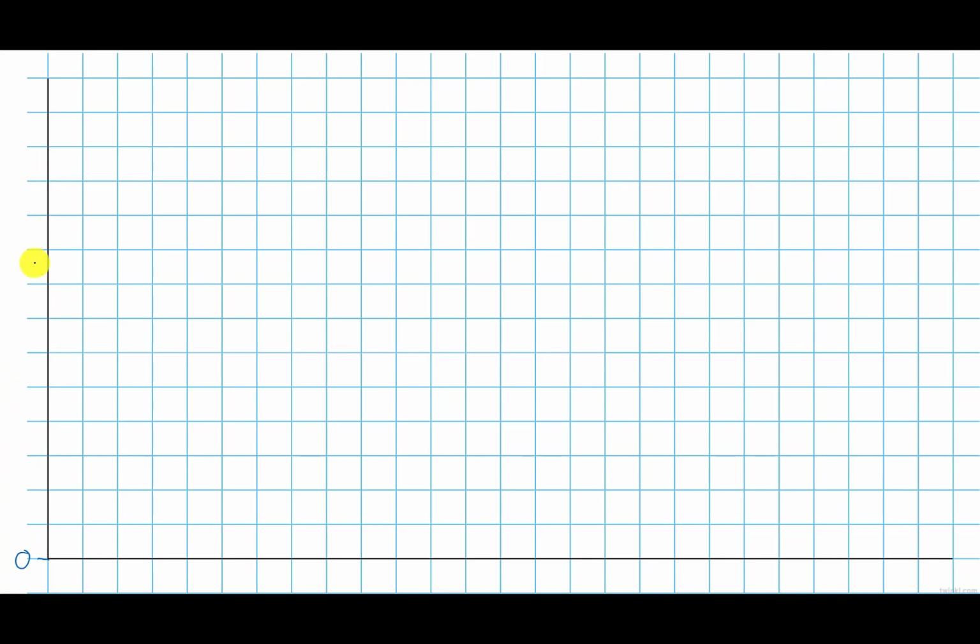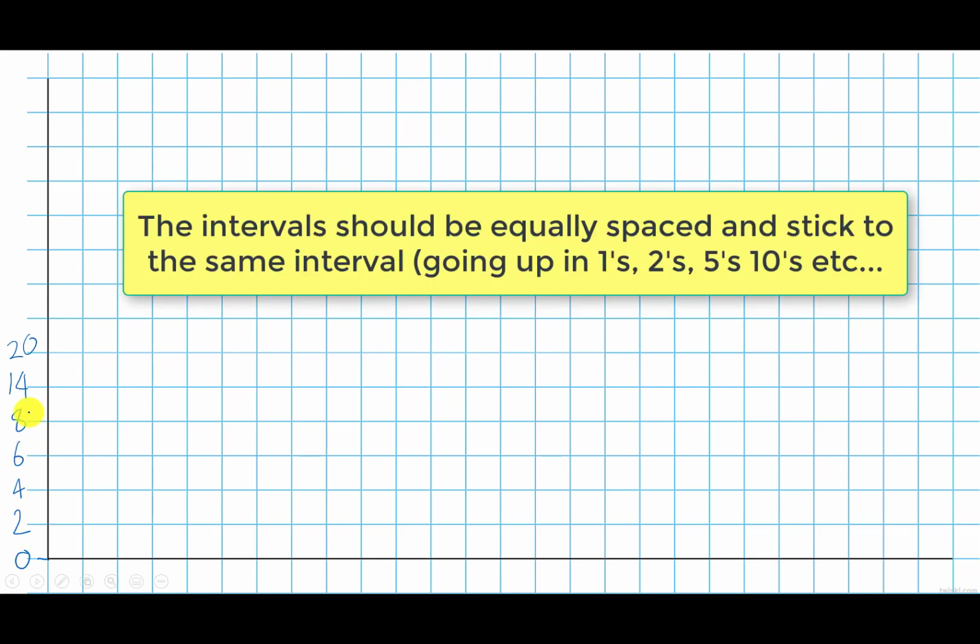I don't have to go up in 1s, I can go up in 2s. 2, 4, 6, 8. As long as my intervals are all 2. As long as they're all going up in 2. So I couldn't then here go to 14, then go to 20. I need to make sure that all my intervals are the same, that they're equal, going up, equally spaced, and that I keep with the same scale.